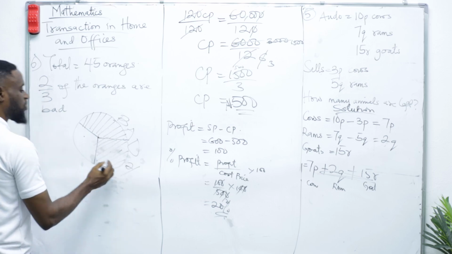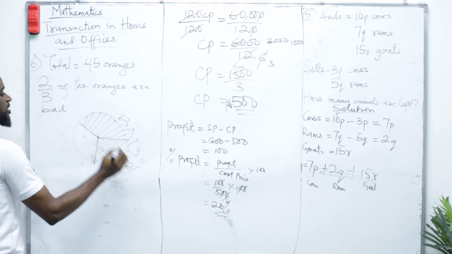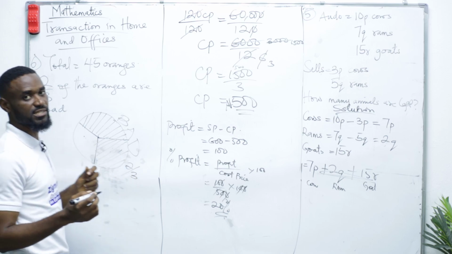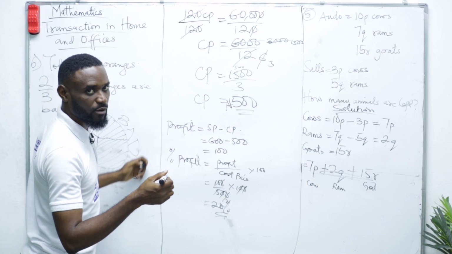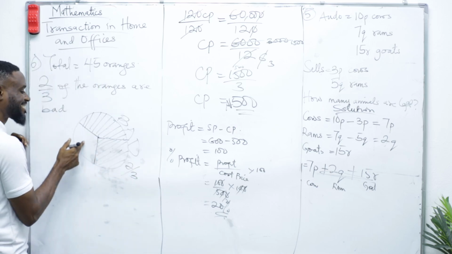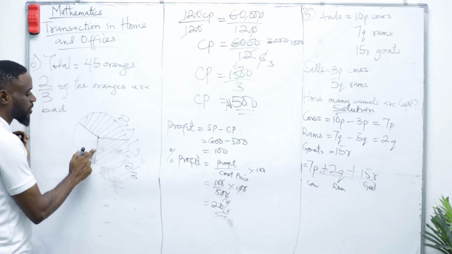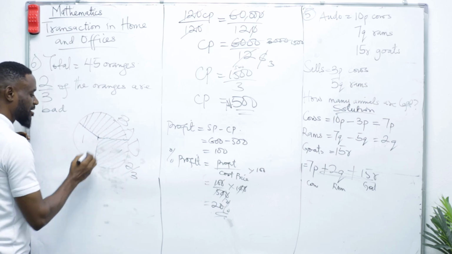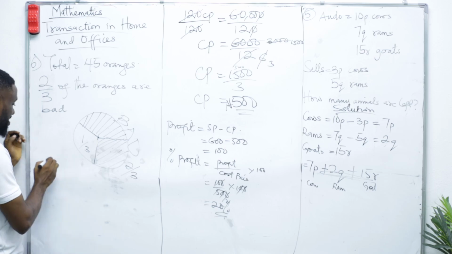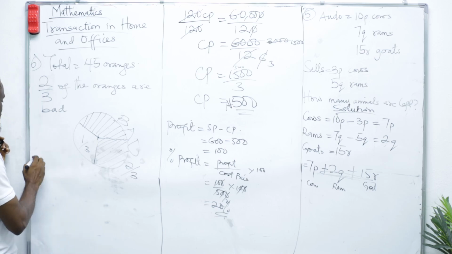It's 2 over the total parts, 1, 2, 3. That is 2/3. Please visit our lesson on fractions. You will understand what I'm doing here. So it means that it is this part that is good, right? So the part that is good is 1, this 1 over what? The total? 3.